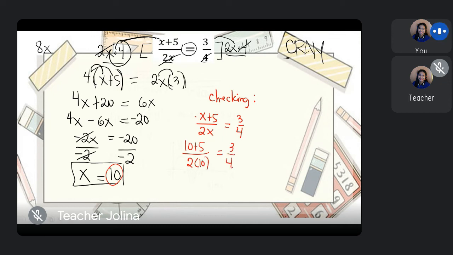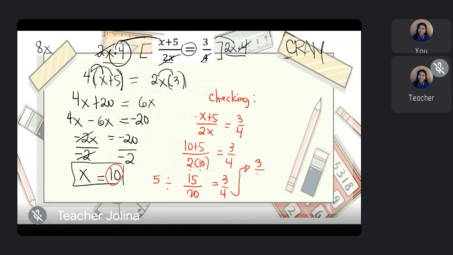Okay? So, 10 plus 5 is equal to 15 over 2 times 10 is equal to 20 equals 3 over 4. So, meron pong lowest term pa yung 15 over 20, so hindi pa yan final answer. So, pareho silang divisible by 5. Okay, divisible by 5 po yung 15 at saka yung 20, so pwede natin siyang i-lowest term. So, 15 divided by 5 is 3 over 20 divided by 5 is 4.